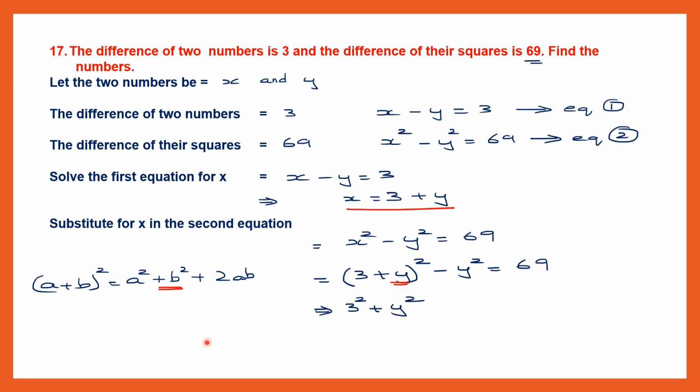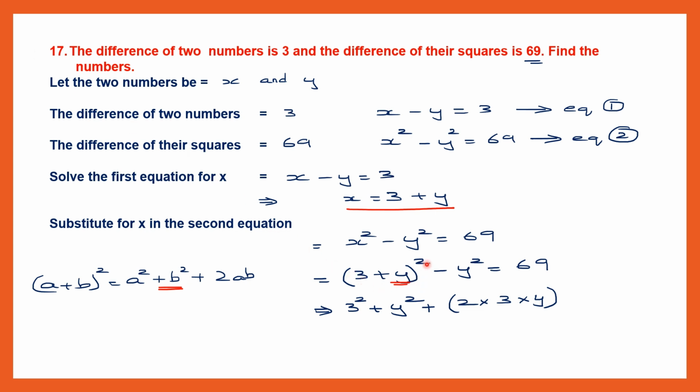And then plus 2ab. So 2 into a, which is 3, into b, which is y. So what have we done? We have only expanded this part, 3 plus y the whole square, using the identity a plus b the whole square.